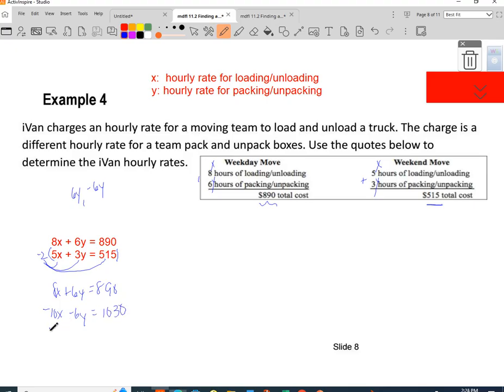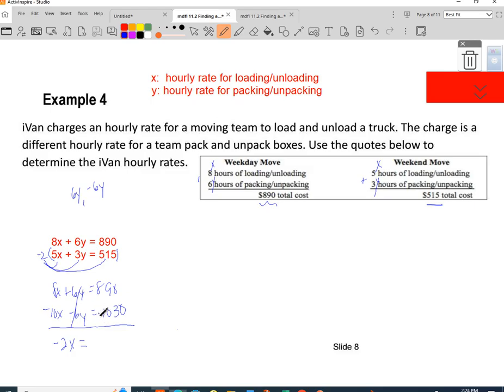And now I'm going to add them together. And when I do, you'll see my y's are eliminated. And so I have negative 2x equals 140.